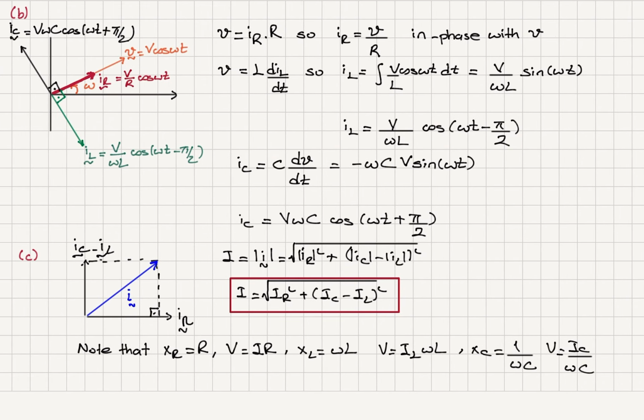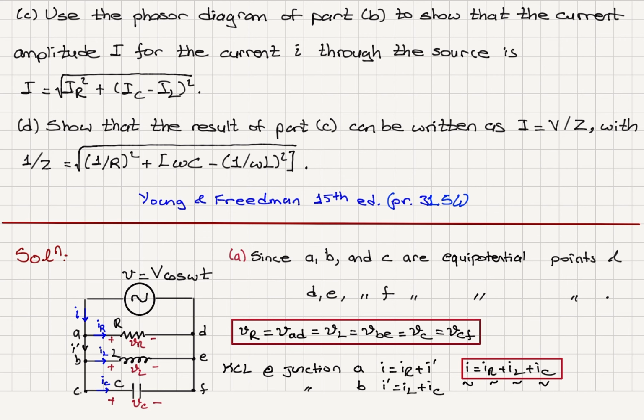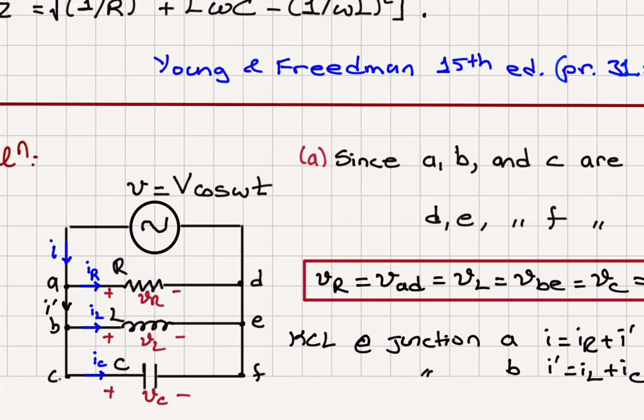Okay, so in this example, we have looked at the parallel connection of resistor, inductor, and capacitor with an AC source, which has an instantaneous voltage of capital V, voltage amplitude, cosine omega t. Using the Kirchhoff current law, we see that the resistor current, inductor current, and capacitor current phasors should add up to give me the source current phasor, and their voltages should be the same.